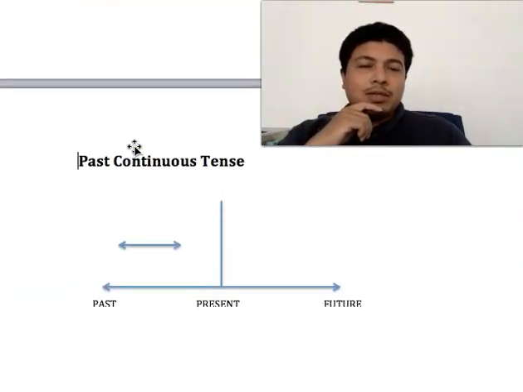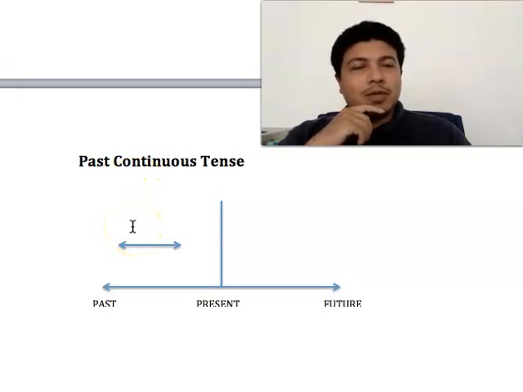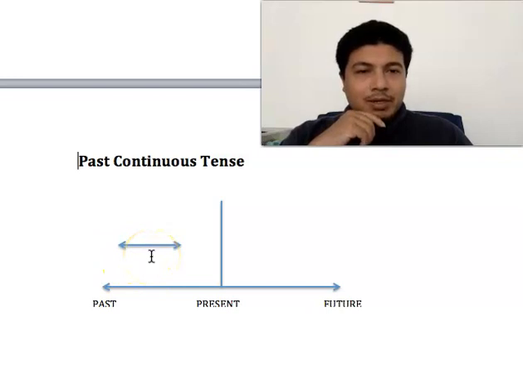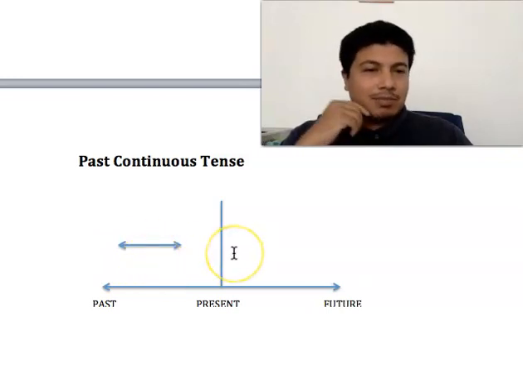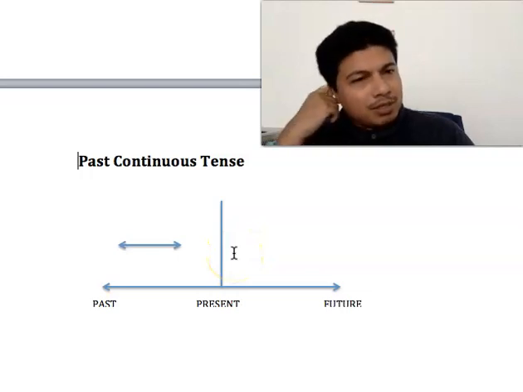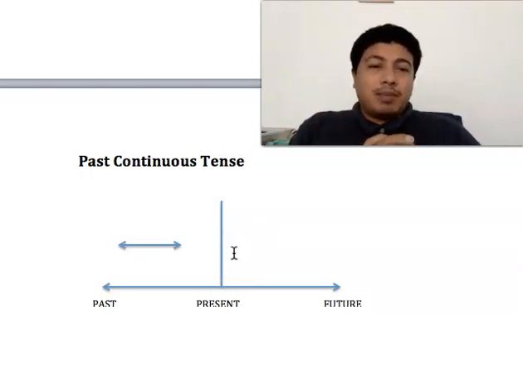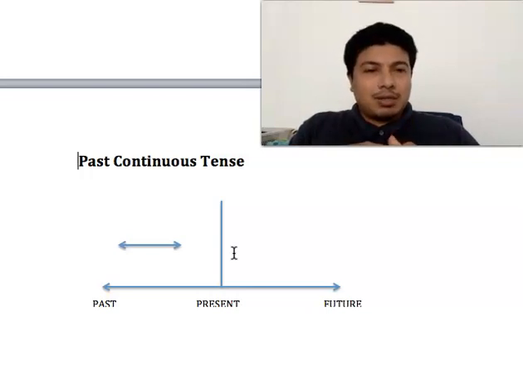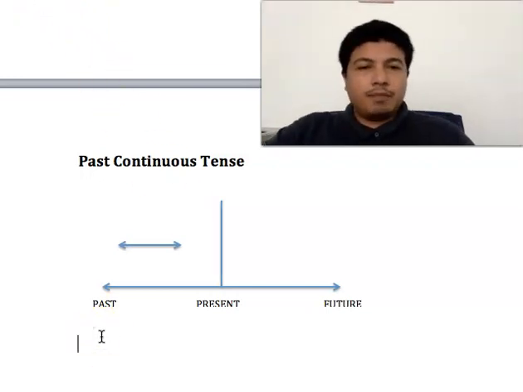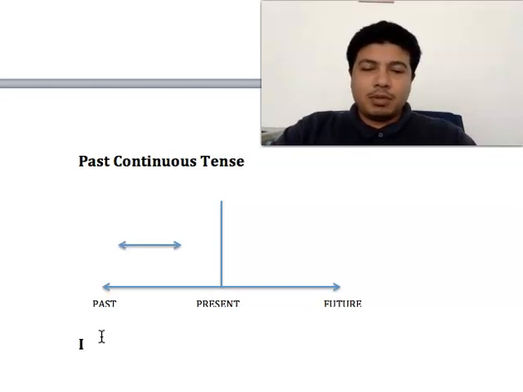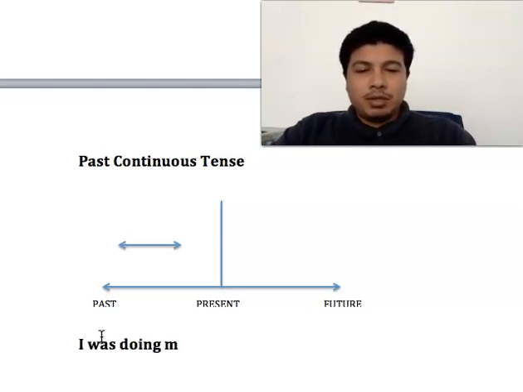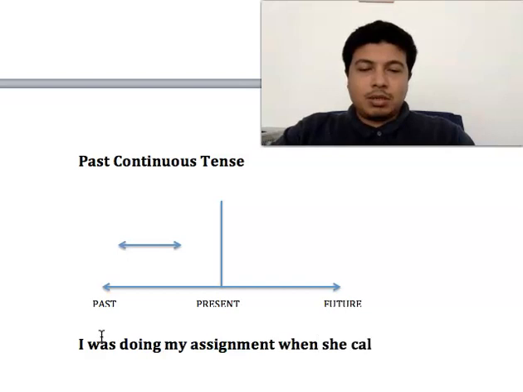You use past continuous tense when you are talking about a situation that was in the process of happening in the past, not in the present, because that would be present continuous tense, and not in the future. An example of past continuous tense would be, for example, I was doing my assignment when she called me.